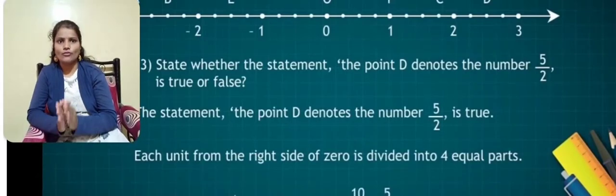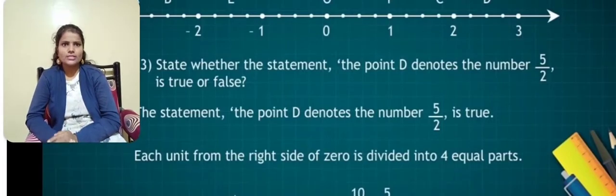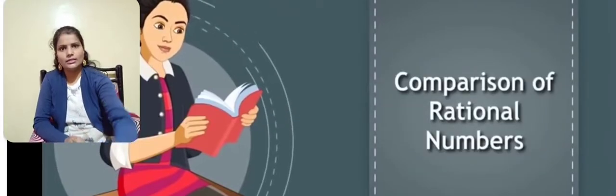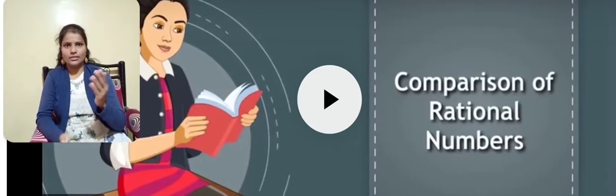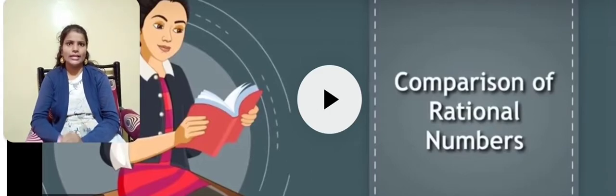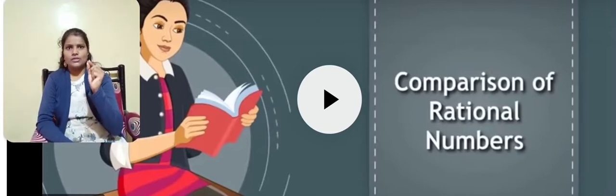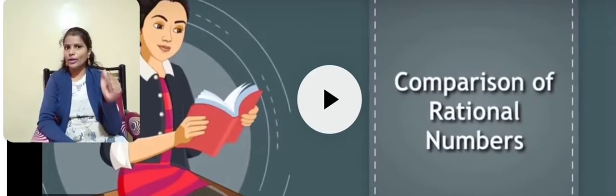The unit to the right side of 0 is divided into how many parts? 4 parts, so they are equal parts. I think you have to practice this topic of rational and irrational numbers. Keep in mind, students, minus 2 upon 3 and 4 upon 3.